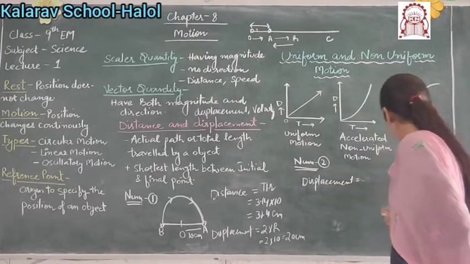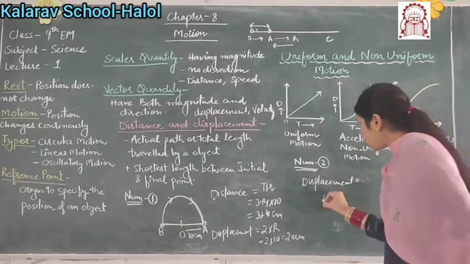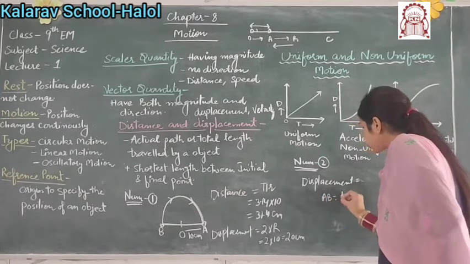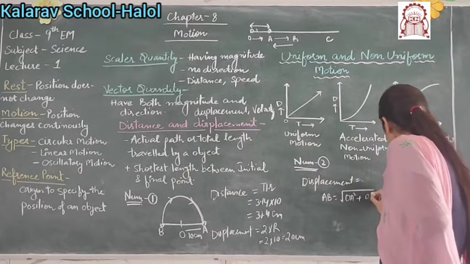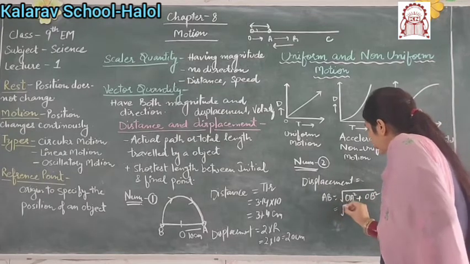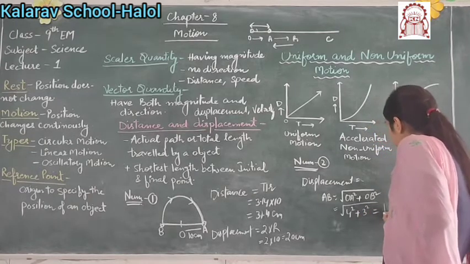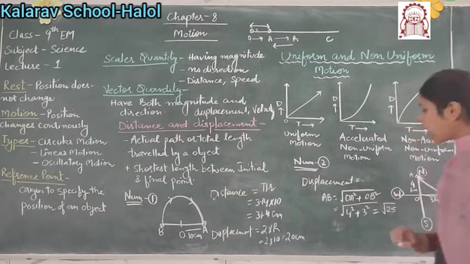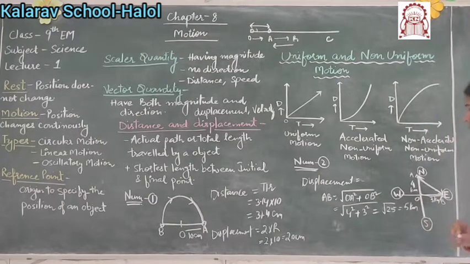Here we apply the Pythagoras theorem, that is h square is equal to p square plus b square. So AB is equal to under root OA square plus OB square. So OA square is 4 square plus 3 square. So it comes out to be under root 25. So it is 5 kilometer.